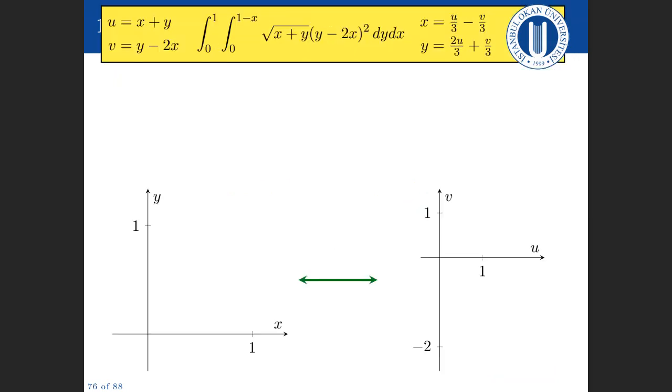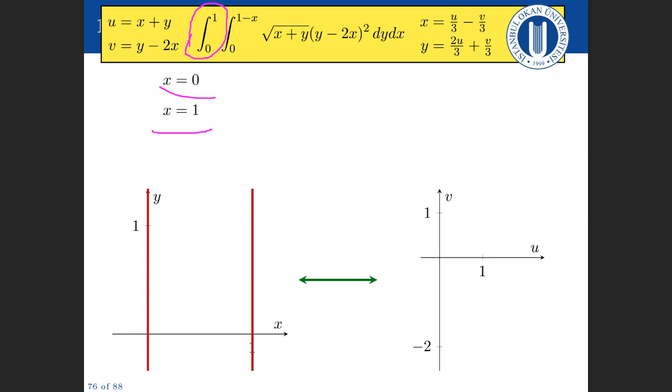Okay, important information is in the yellow box at the top. I have an xy plane and I have a uv plane. First of all, x is between 0 and 1. So I'm interested in the line x is 0 and the line x is 1.